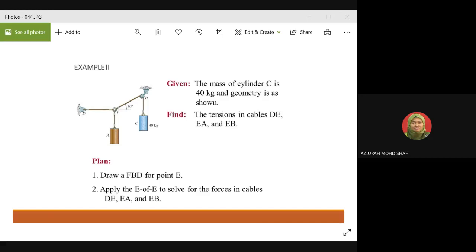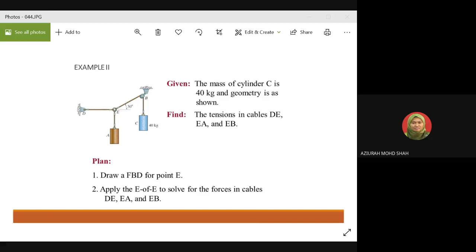Atif Zuhair, Abdul Rashid, Aish pun tak klik. Atif Zuhair ni wujud ataupun tidak? Atif Zuhair pun tak klik attendance.